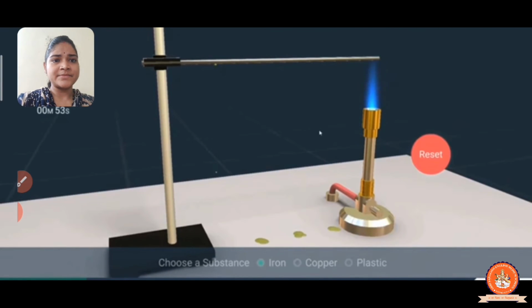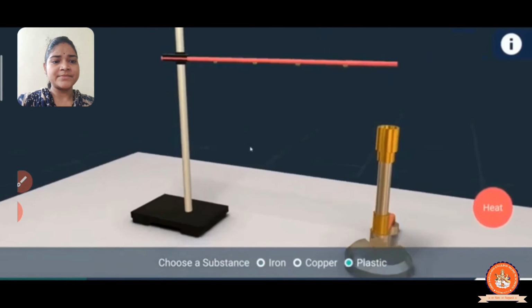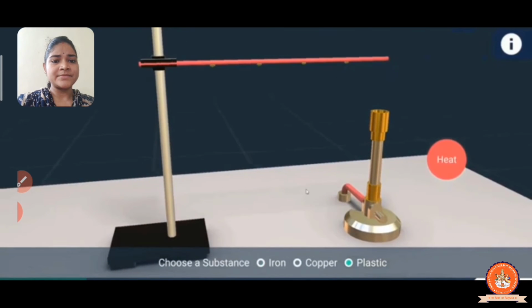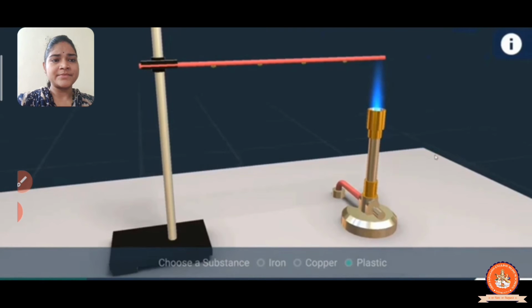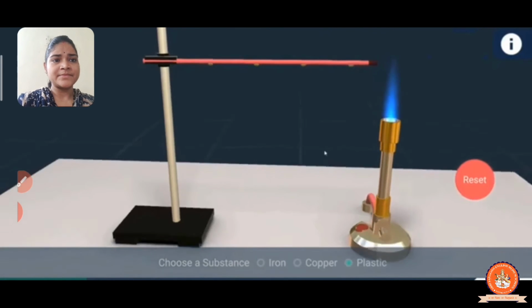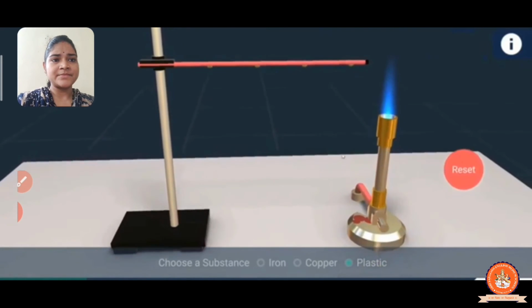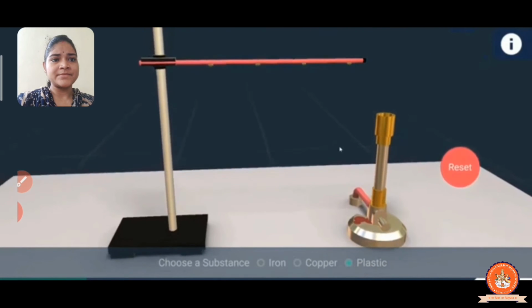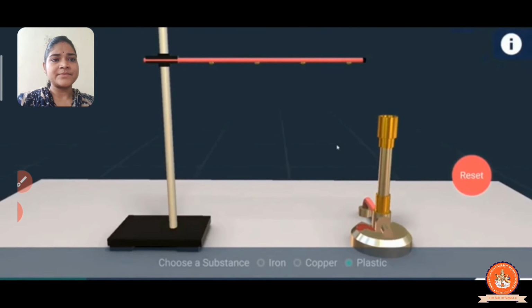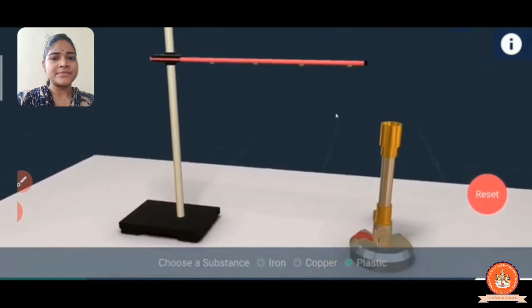Repeat the activity with plastic and observe. We can see that the heat is not transferred easily and the wax pieces don't melt.